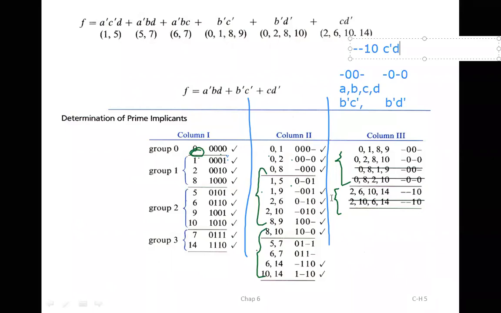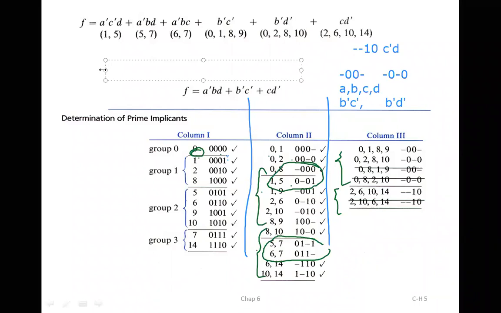Also, if I see in this column, 1 comma 5 is not checked. This is also one prime implicant. So what is that 1 comma 5? And also here 2 more are not checked. So these are all the prime implicants. Whatever is not checked will be the prime implicant. So what is the prime implicant associated with 1 comma 5?